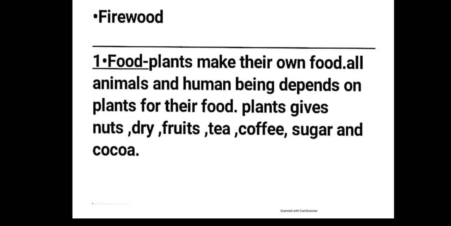How can we plant more trees? How can we take care of the animals? How can we protect forests? All these things we will discuss in our next class.